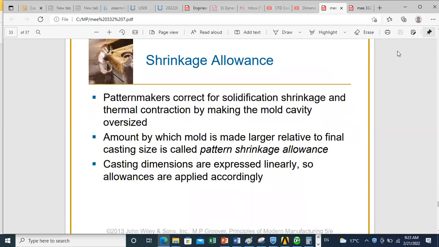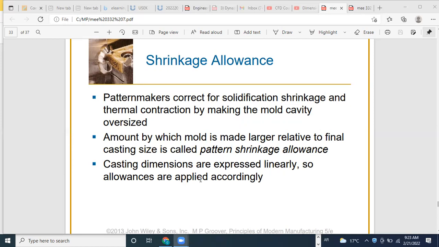So pattern makers will correct for solidification shrinkage and thermal contraction. The first strategy is making the mold cavity oversized. We know shrinkage will happen, so to compensate for this, from the start we make the cavity size larger. Also we'll see that the presence of a riser will reduce shrinkage effects.